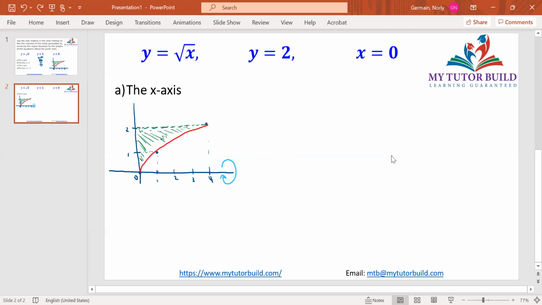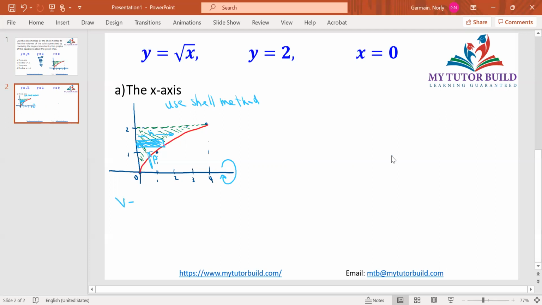So it would be better to use the shell method, where we have the rectangle parallel to the axis we are interested in. So we end up having this distance as our h, and this distance as our p. So for this one right here, we're going to use the shell method.